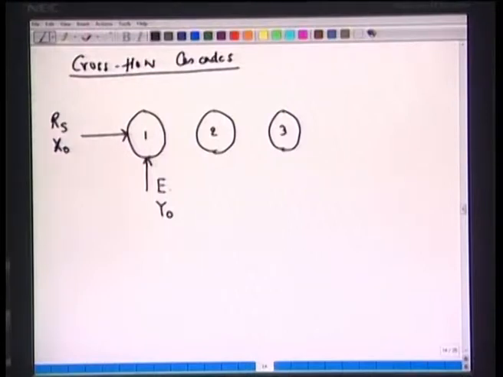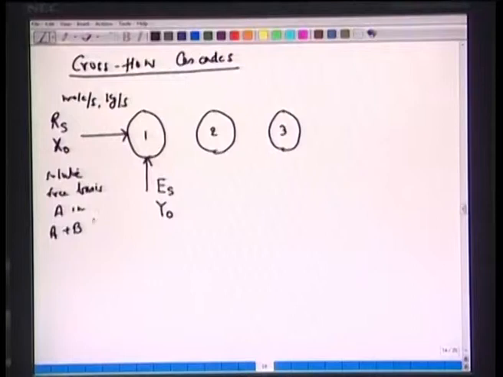So, essentially we can write Rs and Es, in moles per second or kg per second, but on a solute free basis. So, for the transfer component A in A plus B, we are making a balance on A over B. That is the meaning of solute free basis.